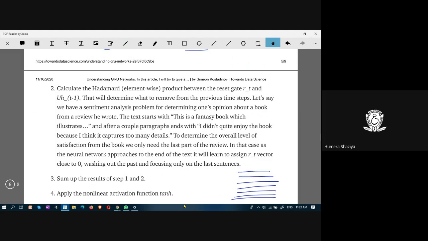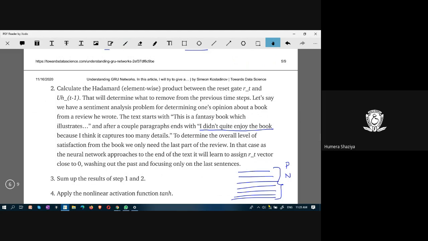Okay, RNN, GRU, LSTM mostly work with text data. So this is the text data. What is the overall sentiment of this paragraph, whether it is positive or negative? Which line will give the overall picture? "I did not quite enjoy the book." This line says that it's rather a negative feedback.